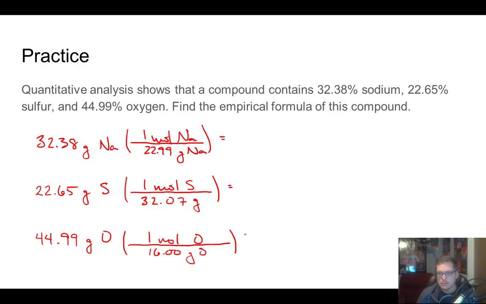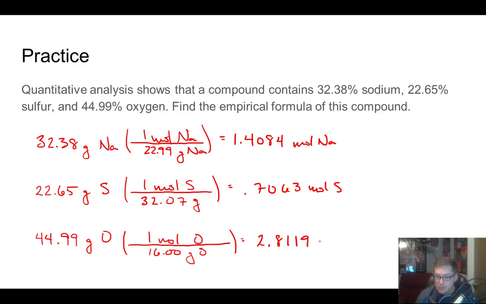So we solve all that. 32.38 divided by 22.99 gives 1.408 moles of sodium. 22.65 divided by 32.07 gives 0.7063 moles of sulfur. And 44.99 divided by 16 gives 2.8119 moles of oxygen.